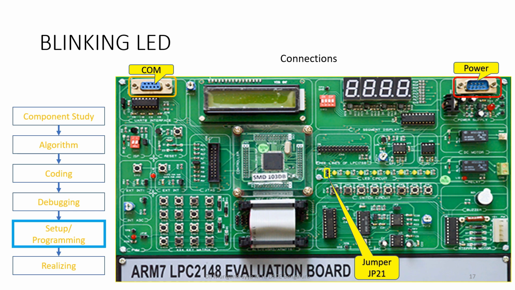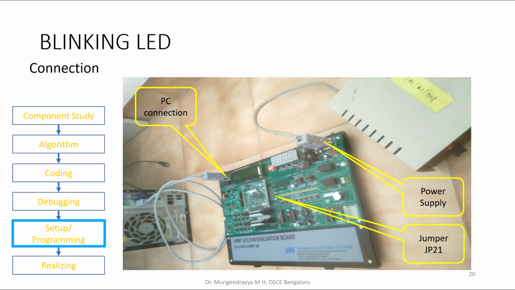For that, we have the power connection here. A 5-volt power supply is required, and one more is the jumper connection to make sure of the connection between the pins of LPC21 and the LED. These are the 3 connections to be done before downloading the hex file into the chip.